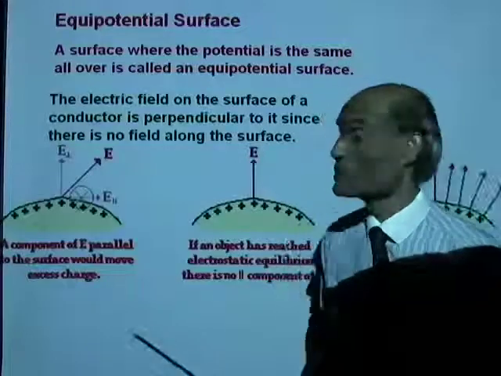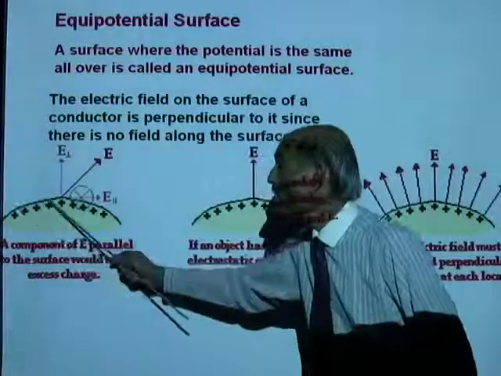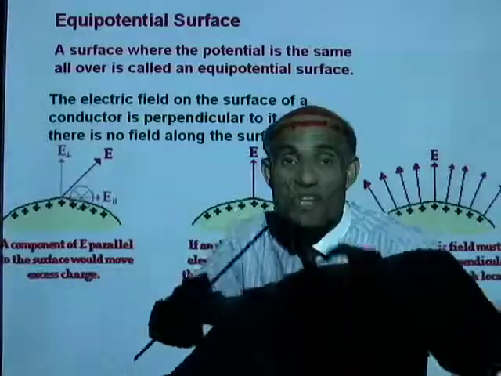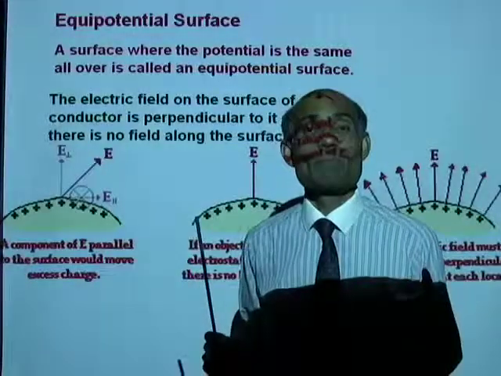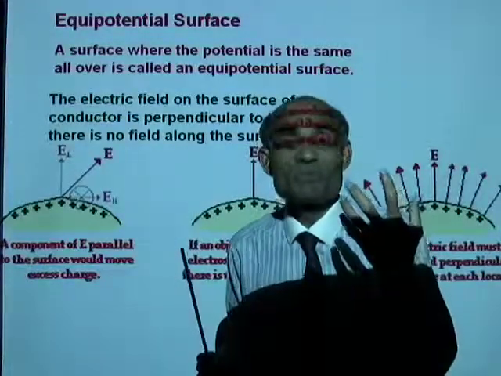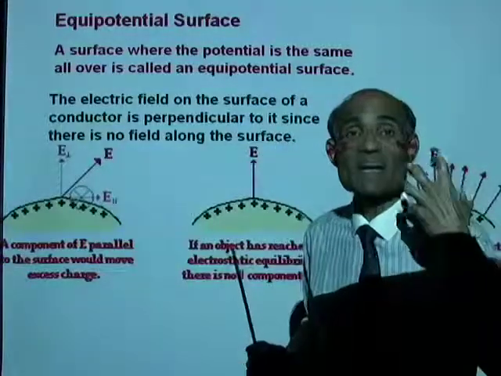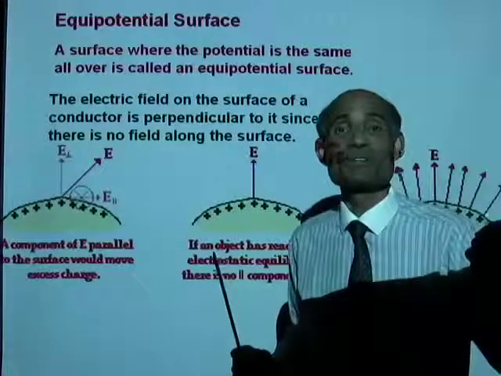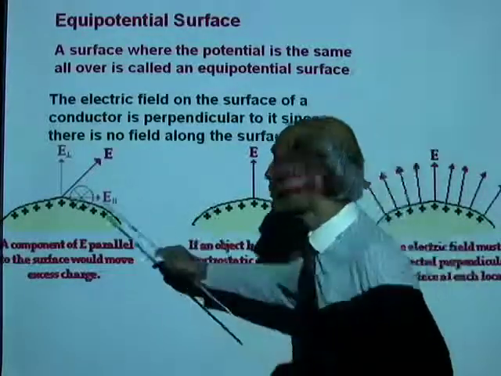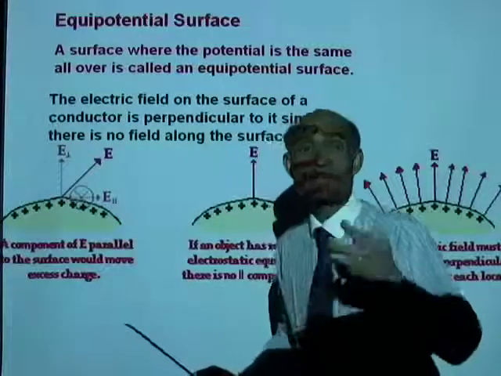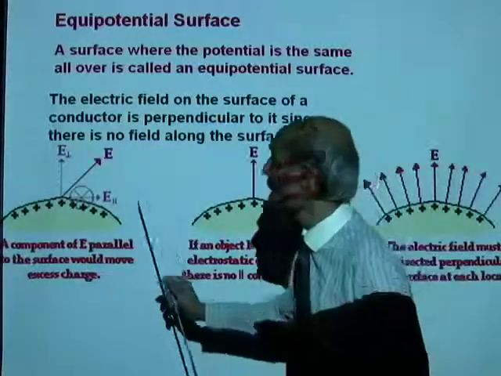That means the surface of any charged conductor, irrespective of the shape, is an equipotential surface. Why? Because the electric field along the surface of a charged conductor is zero. I showed it to you in the last class.